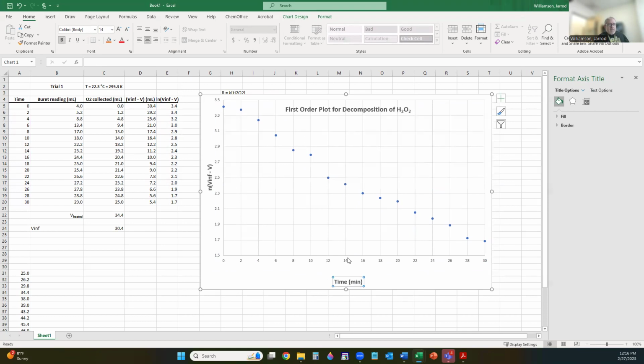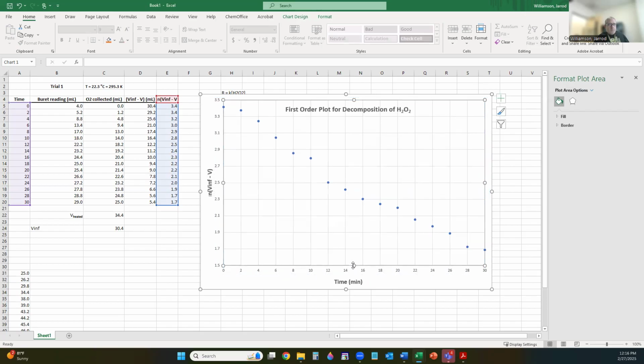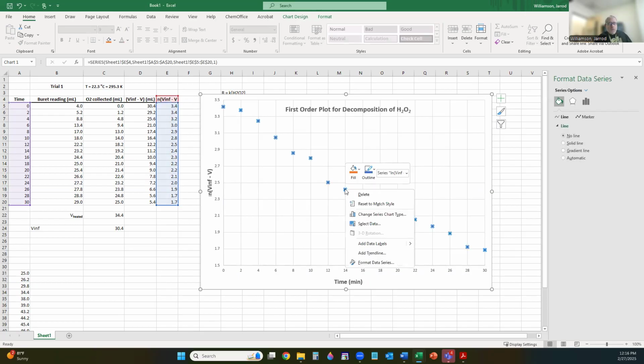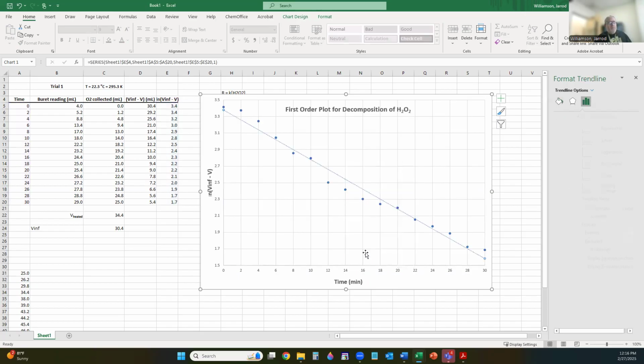Do that. Let me do this. I want to make these as big as possible. You guys see what I'm doing? So I'm making that as big as possible. Still, I need the best fit line. So I'm going to go add trend line.